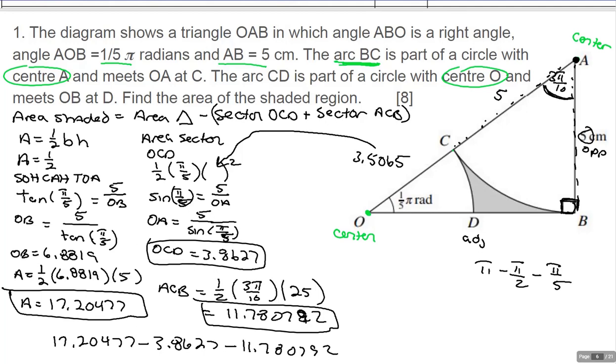What do you get? I got 1.56109. 1.56, and we'll just round to 3 significant figures. All right, does that make sense?